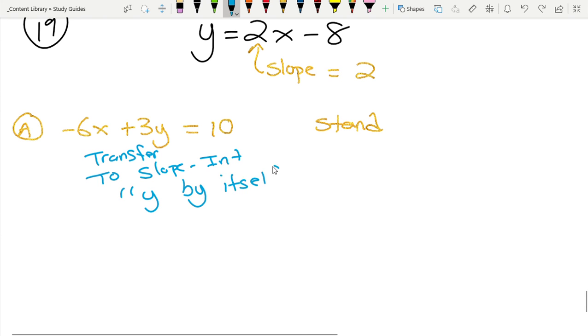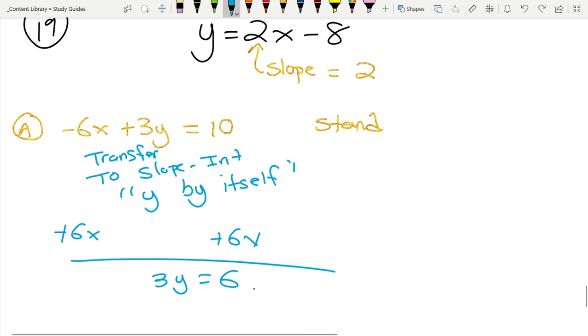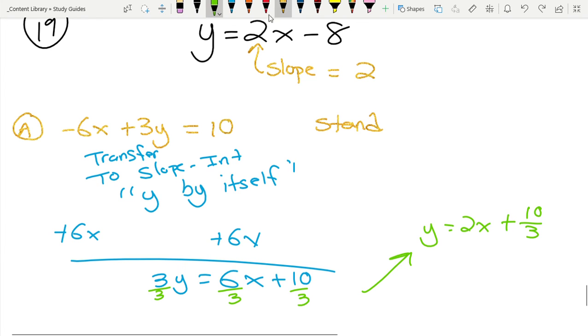So let's do that. To get rid of this minus 6x, I would add 6x to both sides. So now I have 3y equals 6x plus 10. Now to get rid of this 3, which is a multiplier, I divide. So now I have y equals 2x plus 10/3.